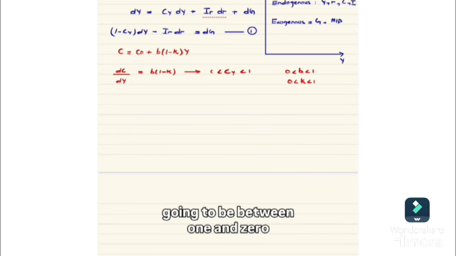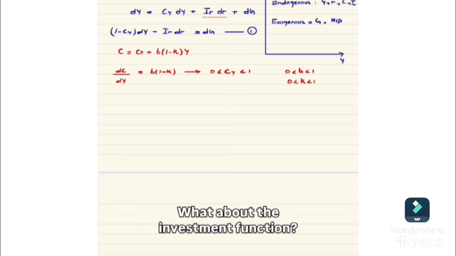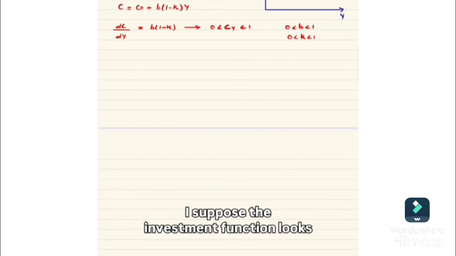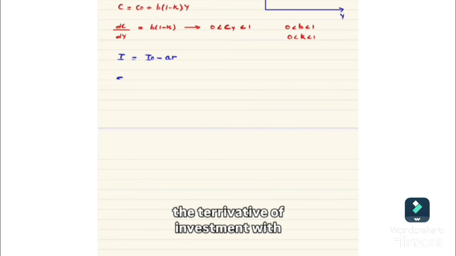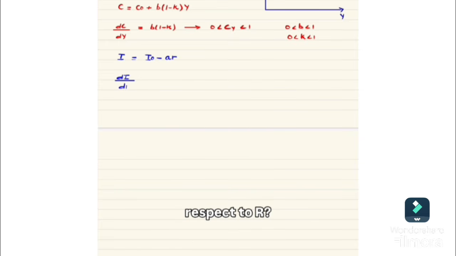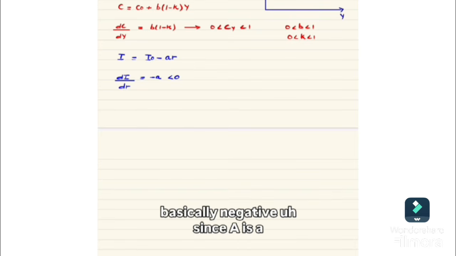What about the investment function? Let's suppose the investment function looks like this: I naught minus aR. What is the derivative of investment with respect to R? It is minus a. This is basically negative since a is a positive parameter.